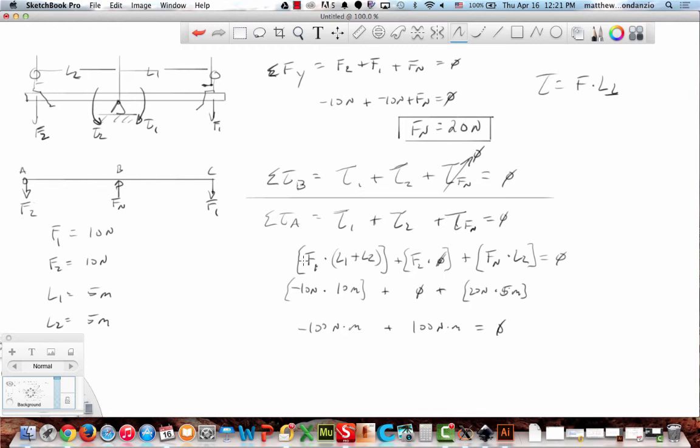There's 5 variables: F1, L1, L2, F2, Fn. So it's 1, 2, 3, 4, 5 different variables, right? I could give you any 4 of them and have you find the 5th one. You're going to have to probably go through the sum of the forces and the torque to get to where you need to go. Does that make sense?